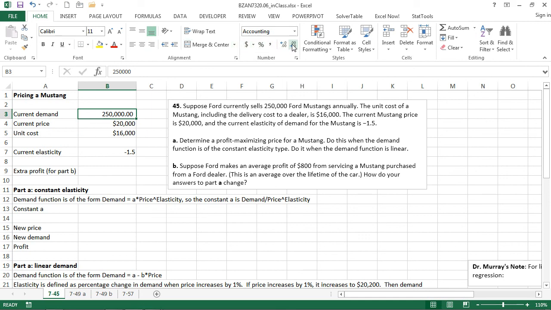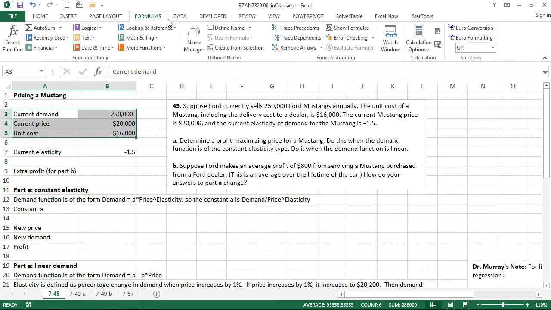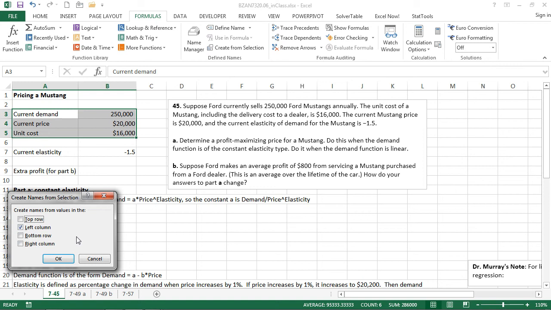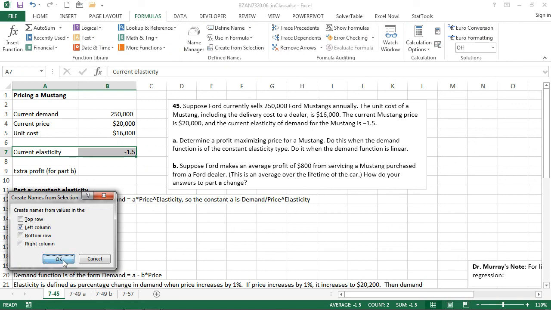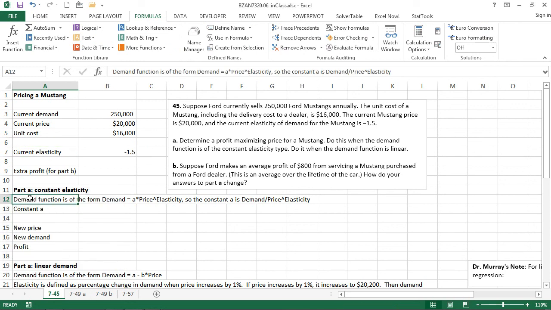Now, let's go ahead and make some range names as well. Okay, so let's look at what we mean when we say the demand function with constant elasticity.